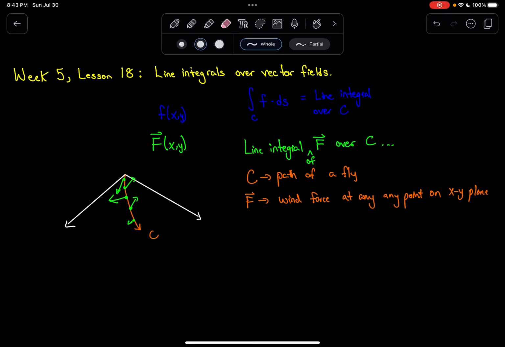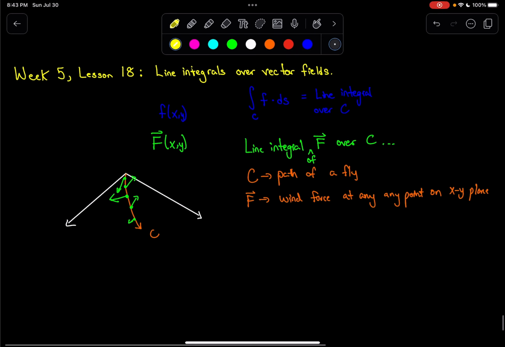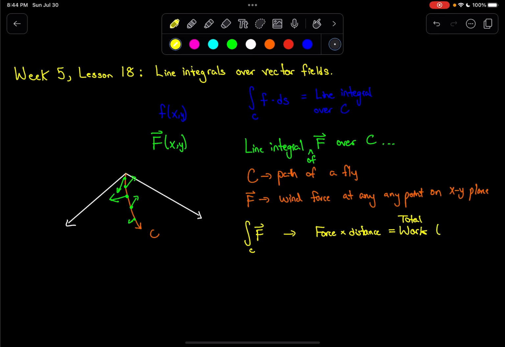So if F is the wind force, then what are we calculating when we take the integral of the vector field F over C? Last time we checked, force over some small little distance is the physics concept of work. So this would be the total work, or perhaps the total energy expended by the fly to go from point A to point B on its little path.